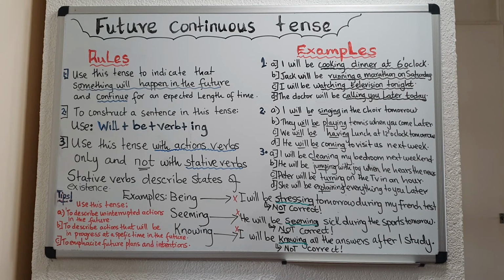And that is because stress is a stative verb. It describes a state of being in stress. Okay? There is no physical movement. It is a state of mind. It is an emotion. It's a feeling. Okay? Stressing. So that sentence is not correct.